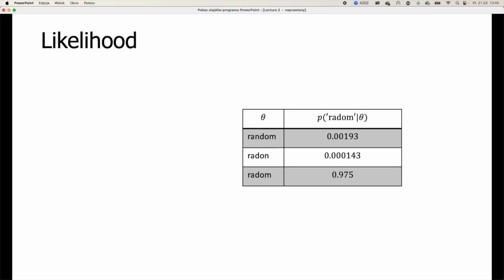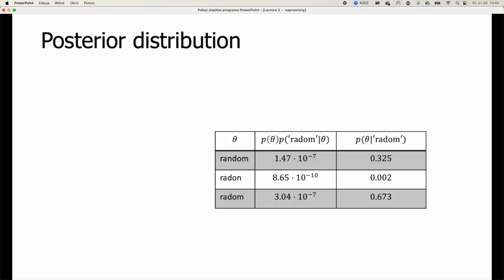But there is an idea of how to compute that, and of course, the highest probability is that when writing radom, you wanted to write radom, right? But what is the probability that you switch to a different word using those metrics?